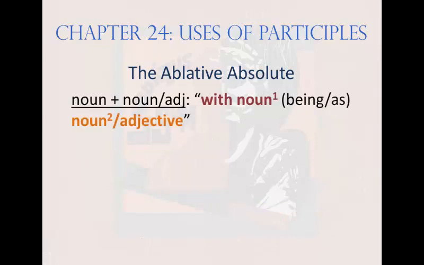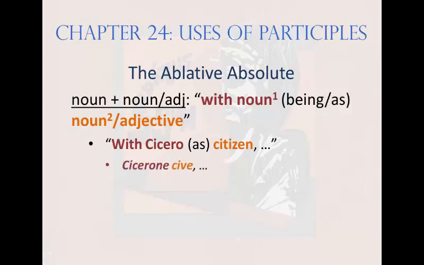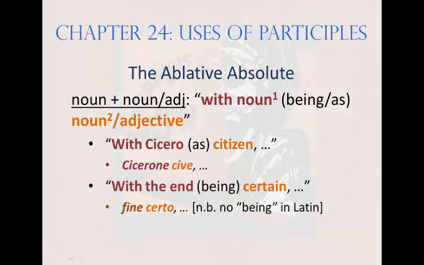Finally, an ablative absolute can have only two nouns, or a noun and an adjective, that is, no participle, with a noun being or as another noun, or with a noun being or as an adjective. For example, with Cicero as citizen. In Latin, that's Cicerone cive. Or with the end being certain, which in Latin would be fine certo.